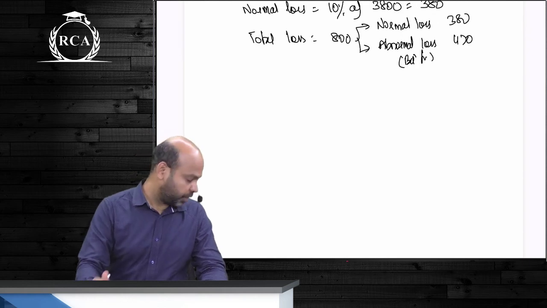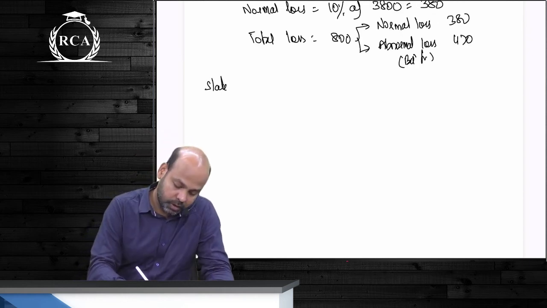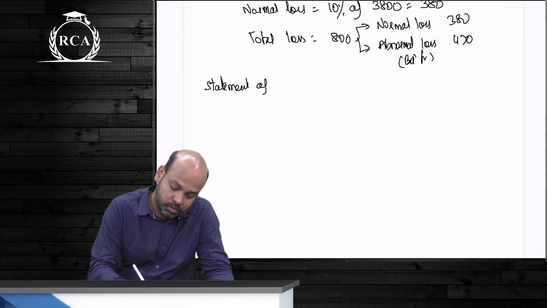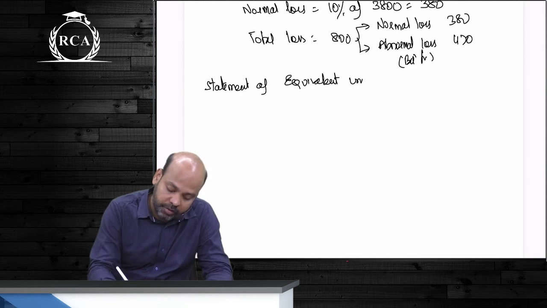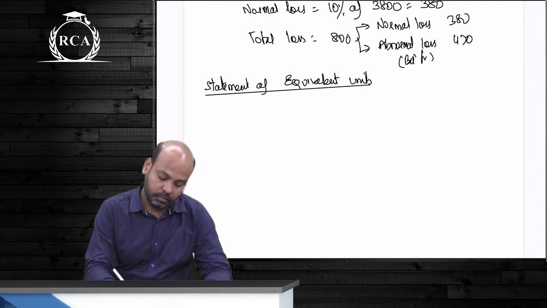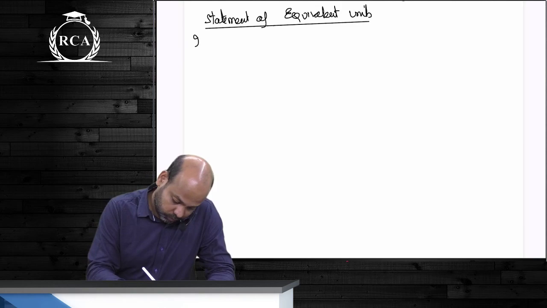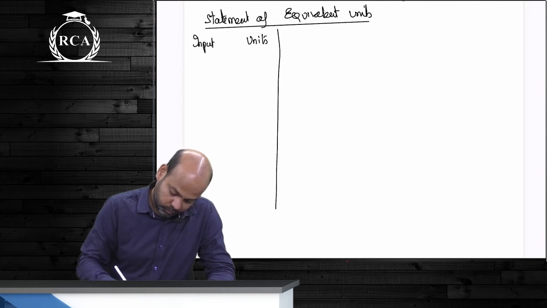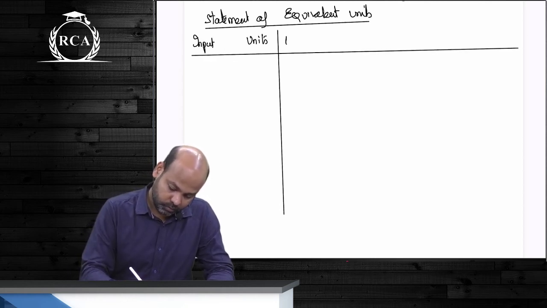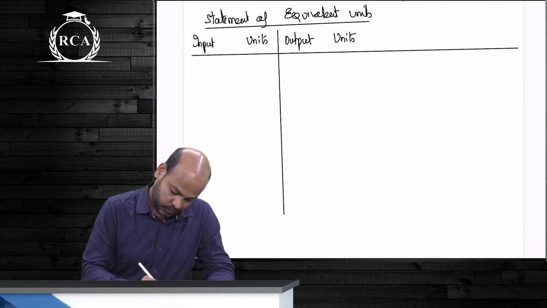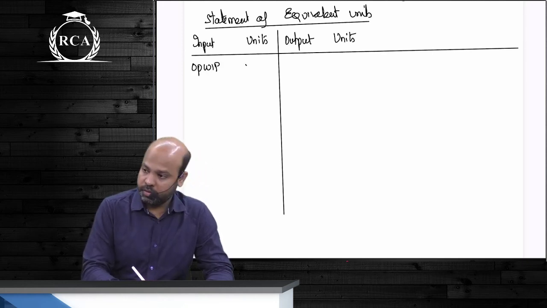Now, guys, statement of equivalent units. Do you know how to make the statement of equivalent units? Opening work in progress, how much, beta? 500.